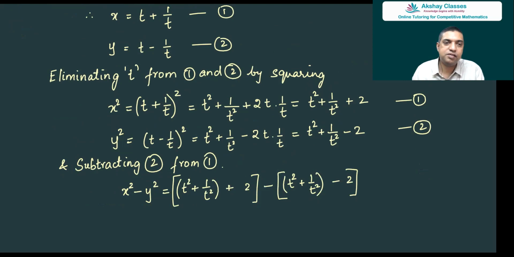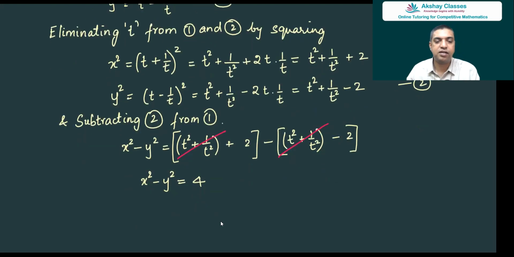Now what happens is t square plus 1 by t square and minus of t square plus 1 by t square cancel. And then 2 minus of minus 2 is 4. So you get x square minus y square is equal to 4. So t has been eliminated. So this is the equation of the locus.